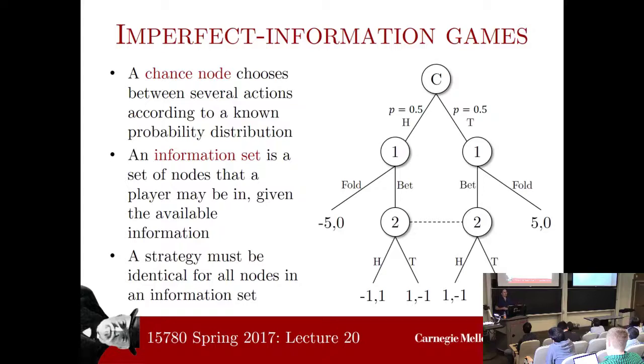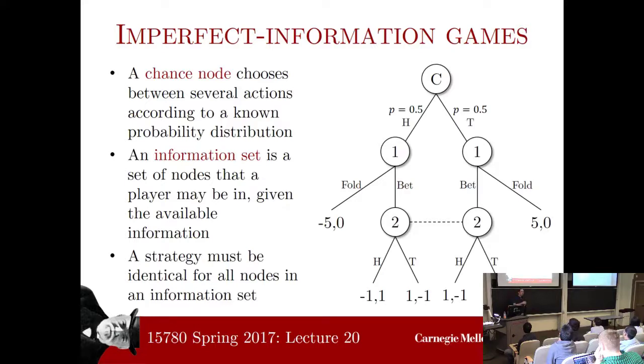And another very important notion that we'll introduce is an information set, which is a set of nodes that belong to the same player, such that the player can't distinguish which of these nodes the game is in. Okay? And the constraint is that the player will have to choose the same action.